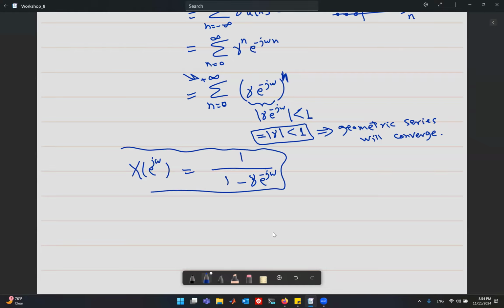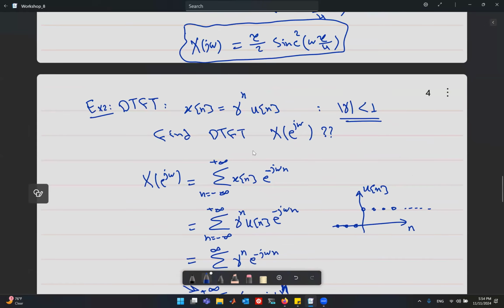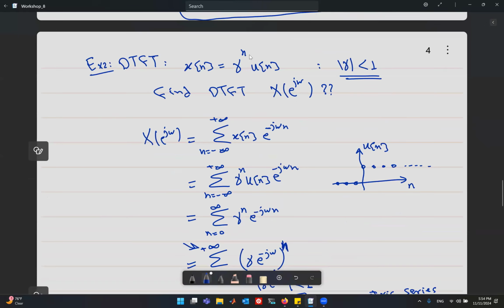This is the discrete time Fourier transform of a signal of this form, a discrete time exponential signal.